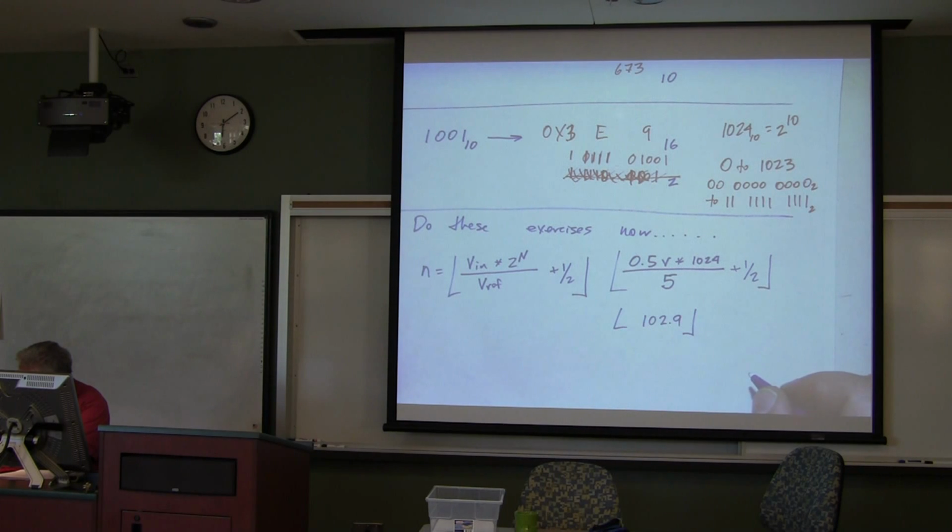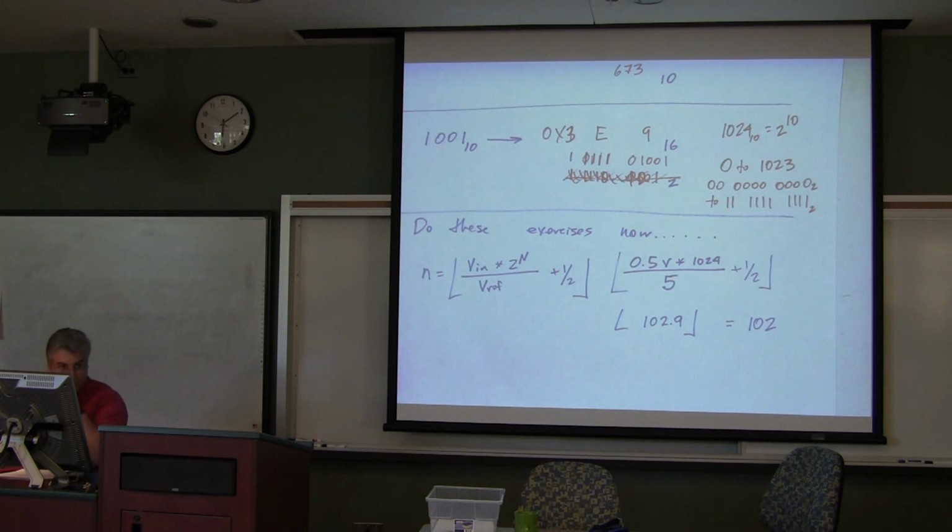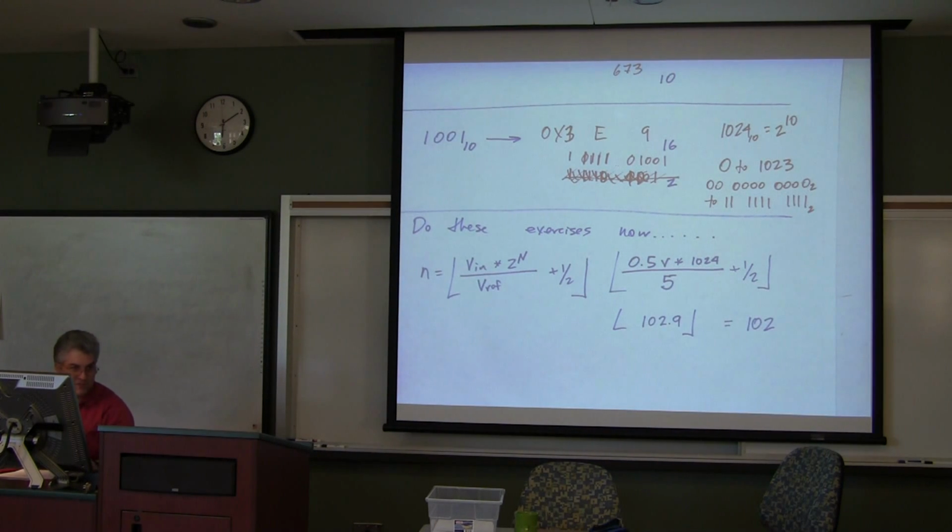Take the floor, which is equal to 102. That's because I had 0.1 up here and 1 down there, and I was able to just move the decimal point over.